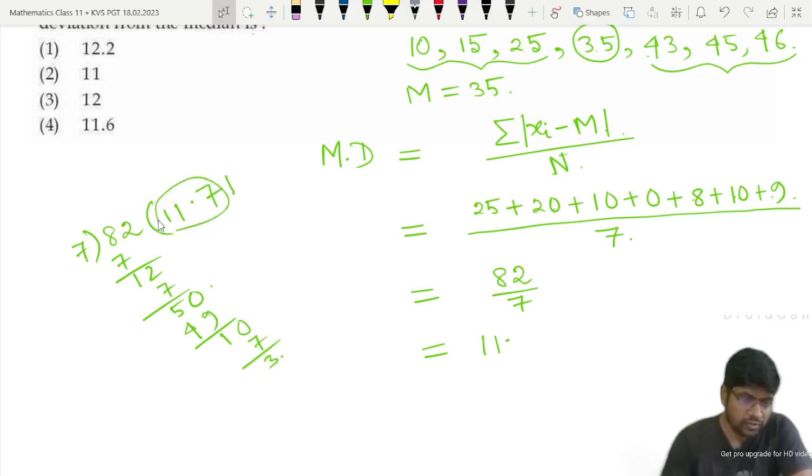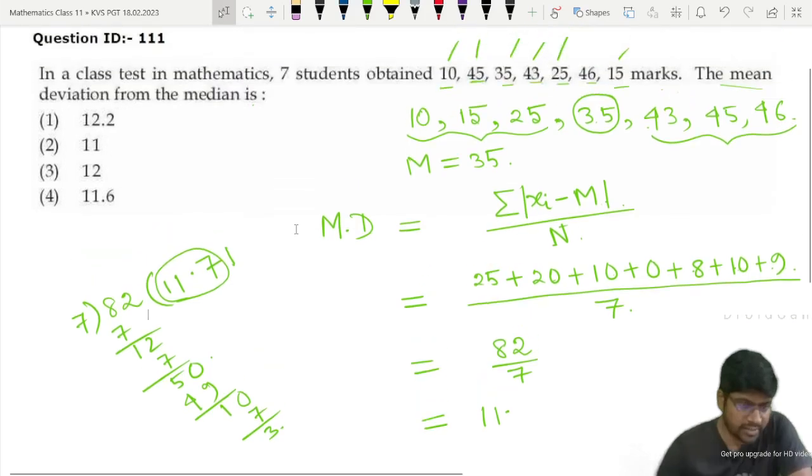Okay, 11.7. There is no option 11.7 exactly, but 11.6 is there, so we will take that option. Option 4 is the correct answer here.